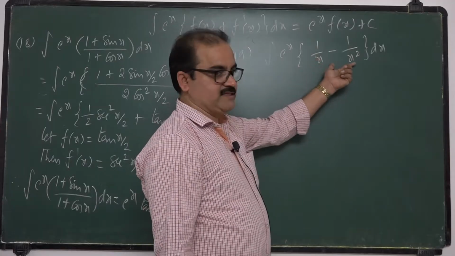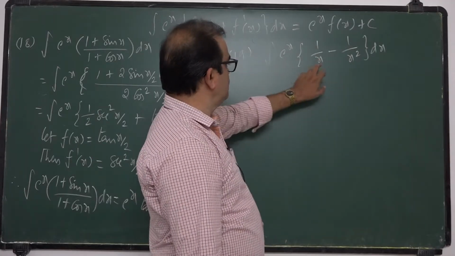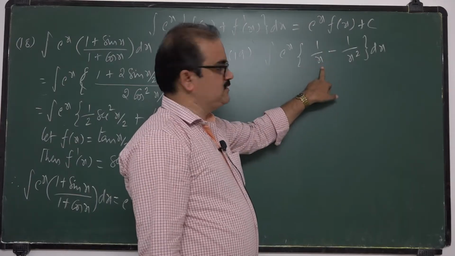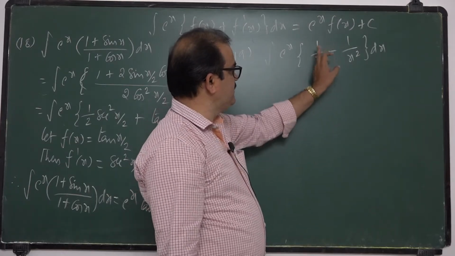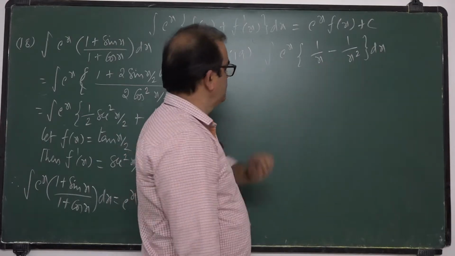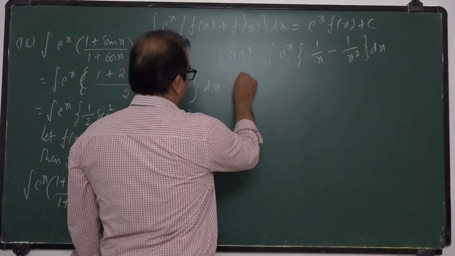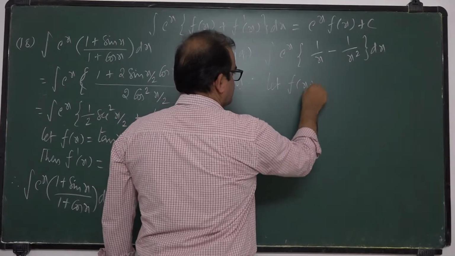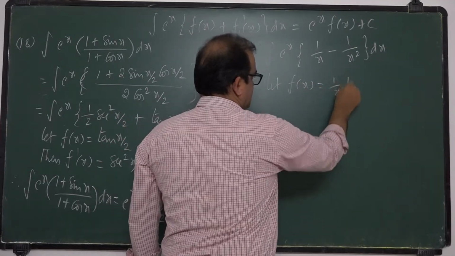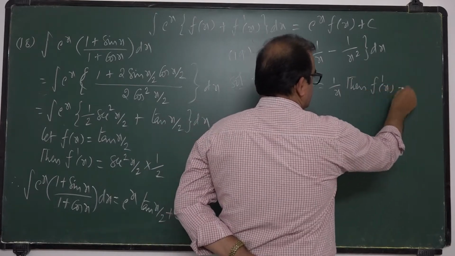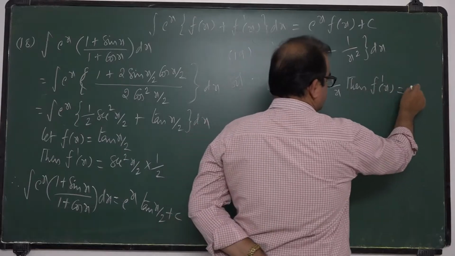There are two functions. If you take f of x is equal to 1 by x, then the derivative of this 1 by x is minus 1 by x square. Let f of x is equal to 1 by x, then f dash x, the derivative of 1 by x, is minus 1 by x square.